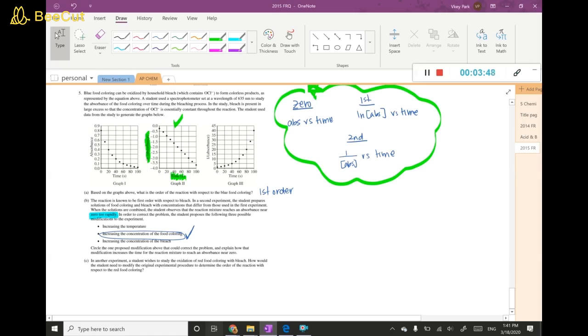It says, in another experiment, a student wishes to study the oxidation of red food coloring with bleach. How would the student need to modify the original experimental procedure to determine the order of the reaction with respect to the red food coloring? So, red versus blue, we understand that for blue, the wavelength is at 635 nanometers.